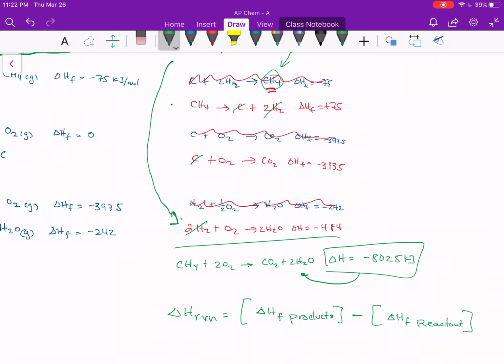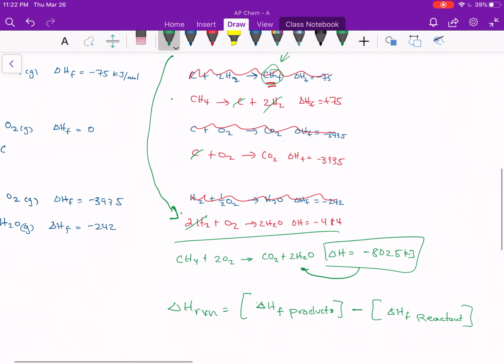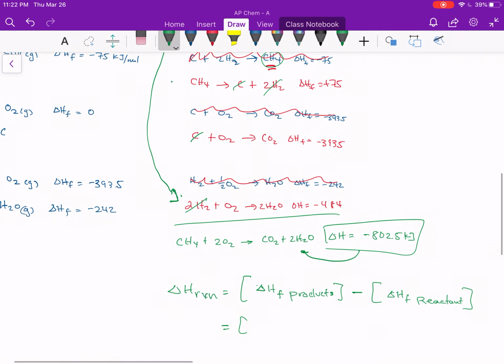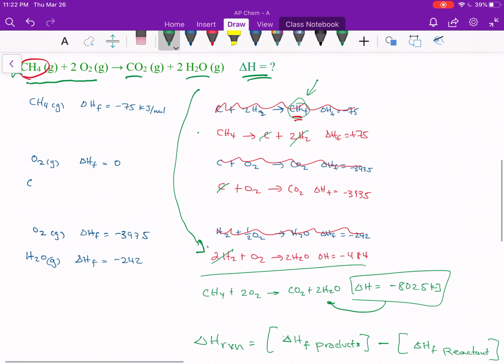So if I was going to do this reaction here, what that would look like is I would say, okay, well, I know that I have my CO2, and I see my CO2 here.